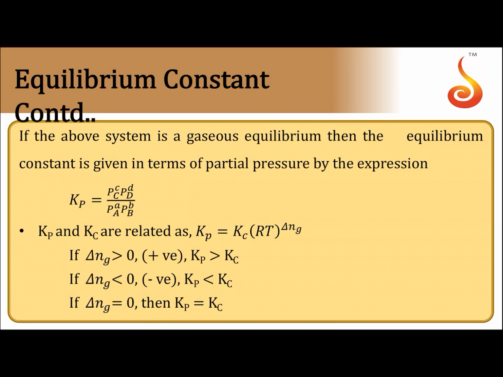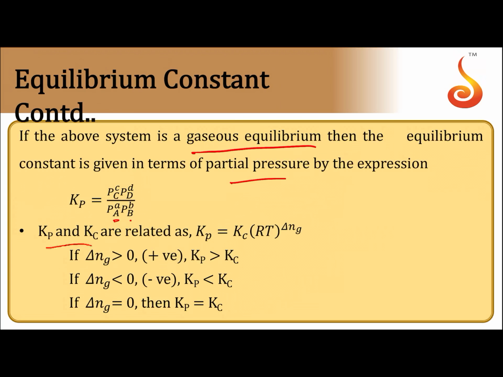Suppose you have a gaseous equilibrium, then the equilibrium constant is expressed in terms of partial pressures, where the concentrations are replaced by partial pressures. So it is the partial pressure of C to the power of c, pressure of D to the power of d, by the partial pressure of A to the power of a and pressure of B to the power of b.